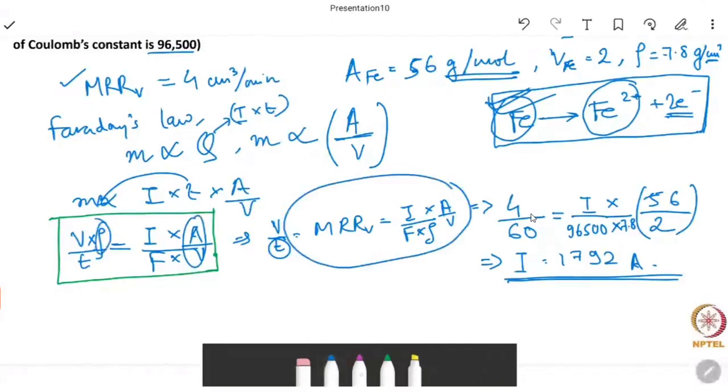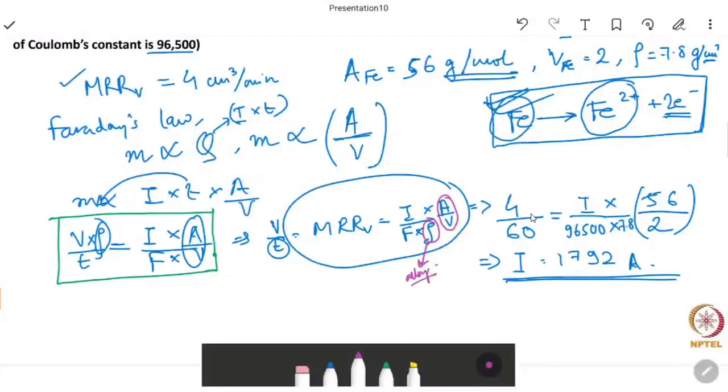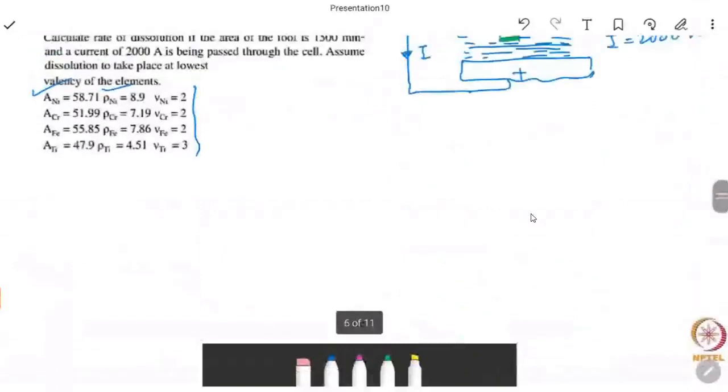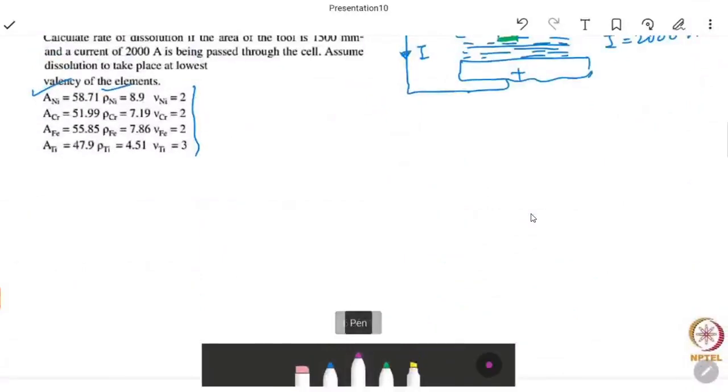So we need to find out something which caters to all the A by V values for all the elements, and this rho should be adjusted in such a way that it should be for the entire alloy. Okay, this also for the entire alloy. How to evaluate that? So there's a very small derivation.